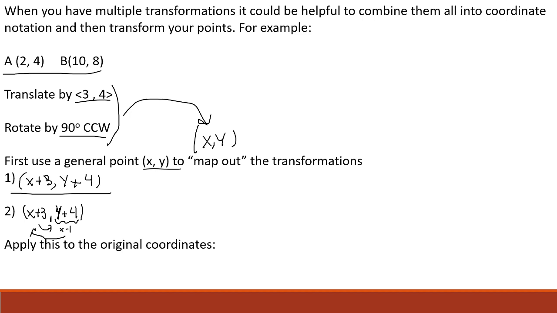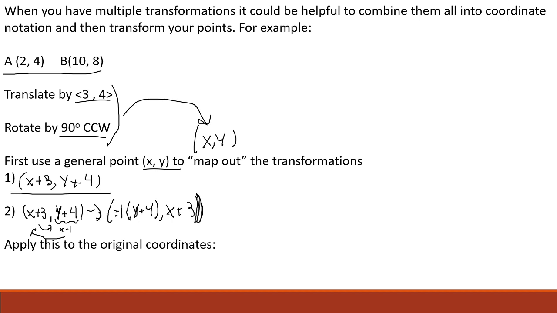That's what a 90 degrees counterclockwise rotation is. So that's going to be -1 times y plus 4. And then over here we'd have x plus 3. Because remember, -1 gets times to the entire y coordinate, which are both of these things together.